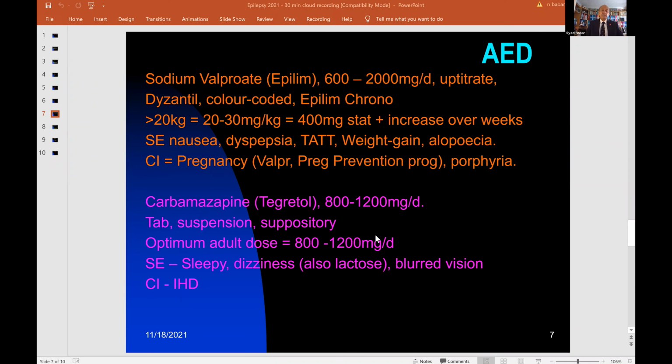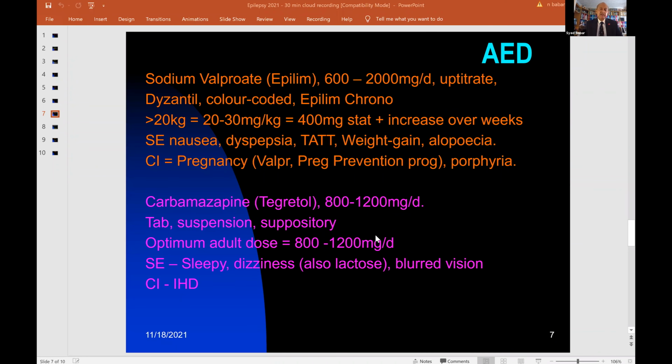So obviously, this is meant for a woman of fertile age in whom sodium valproate is used concurrently with an active pregnancy prevention strategy such as a copper coil and so on. It's also contraindicated in someone with a history of porphyria.